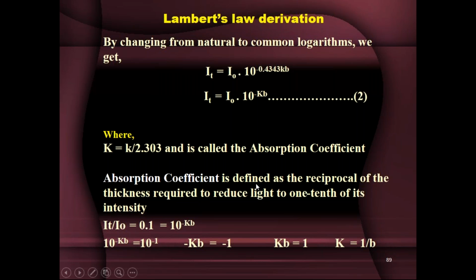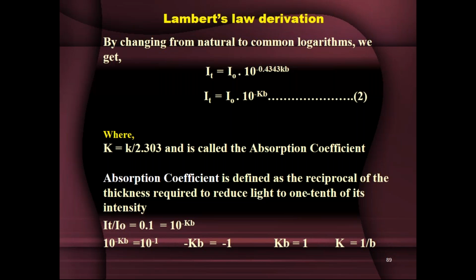Absorption coefficient is defined as the reciprocal of the thickness required to reduce light to 1/10 of its intensity. It is the reciprocal of the thickness, that means 1 by B. So if you have 1 by B thickness, then light will be 1/10 the intensity.